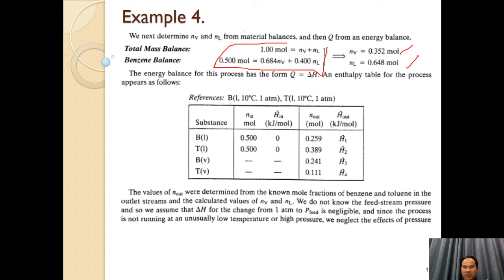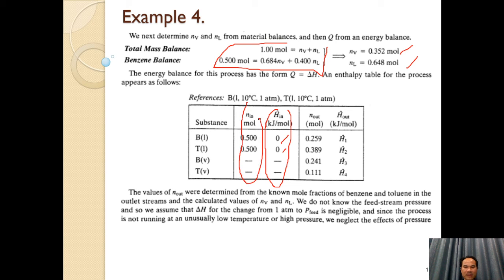For this case, we choose the liquid feed as the reference state: benzene liquid at 10 degrees Celsius and 1 atm as the reference for benzene, and toluene liquid phase at 10 degrees Celsius and 1 atm as the reference for toluene. That means enthalpy of input of liquid benzene and toluene equals 0 because it's the reference.